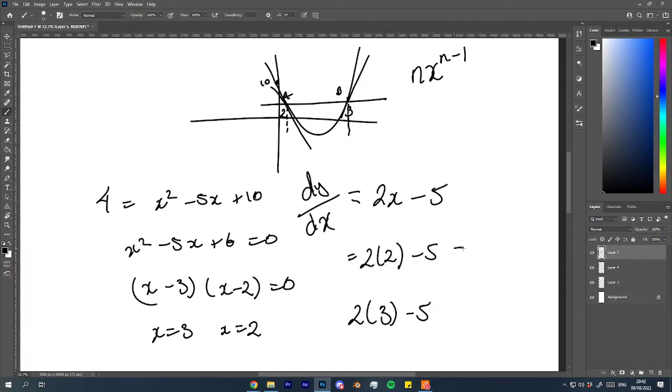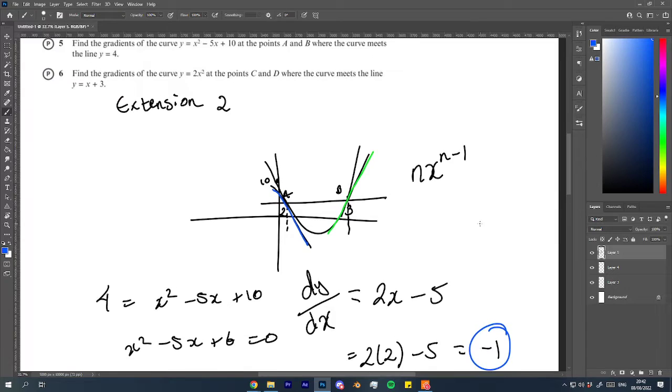That becomes 4 minus 5, which is minus 1 at A. Yep, we can see it's negative. And the second one, 2 times 3 is 6, 6 minus 5 is positive 1. And we can see it's going up. And those will be our 2 answers.